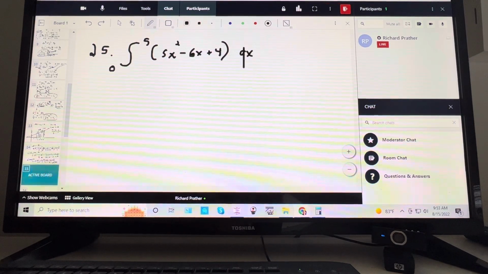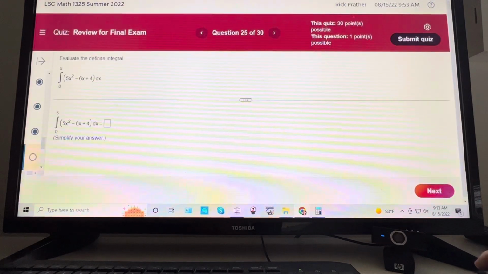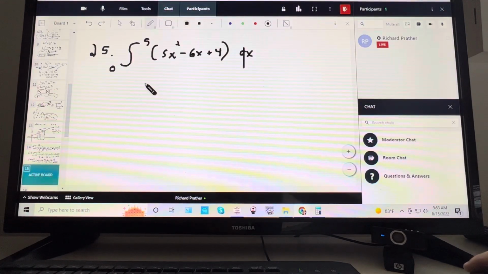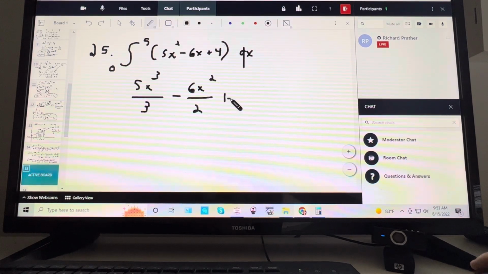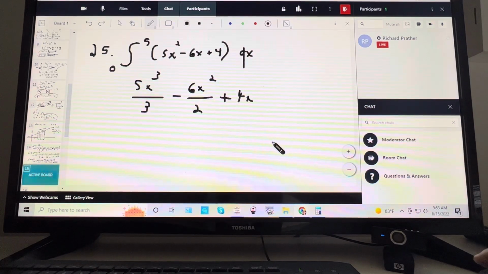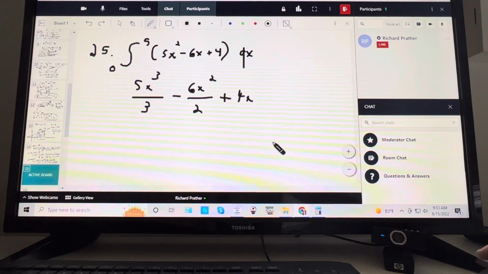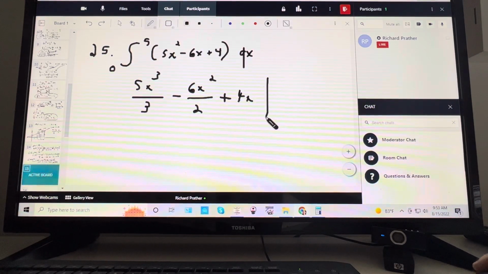We start off the same way as an indefinite integral and do the antiderivatives. 5x squared, increase the exponent by 1, divide by that same exponent. 6x, increase the exponent by 1, divide by that same exponent. And a constant turns into a linear the same way a linear turns into a constant when you're doing derivatives. And then instead of putting plus c at the end, you evaluate this from 0 to 5.